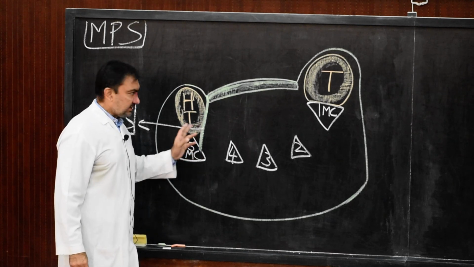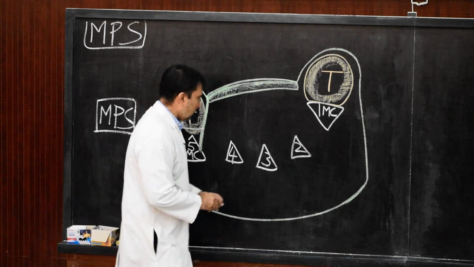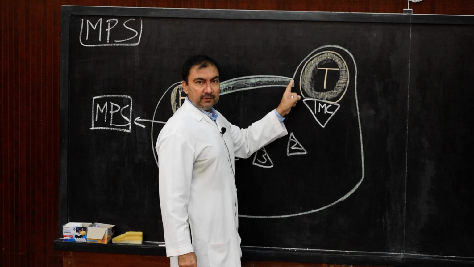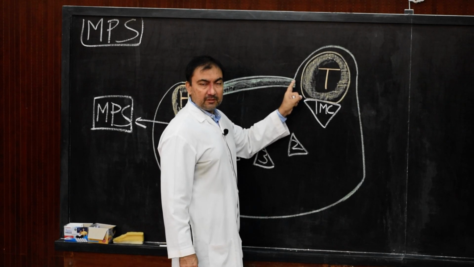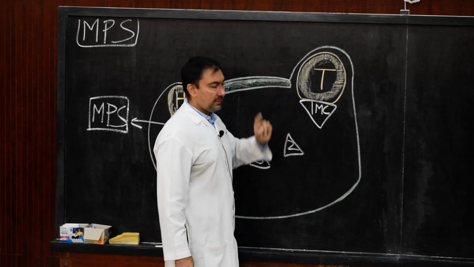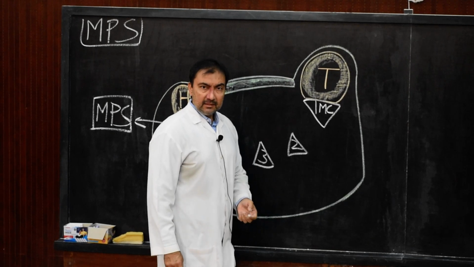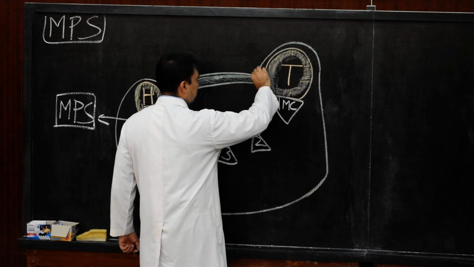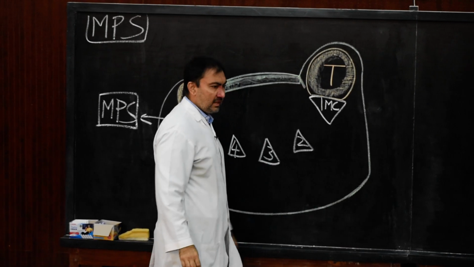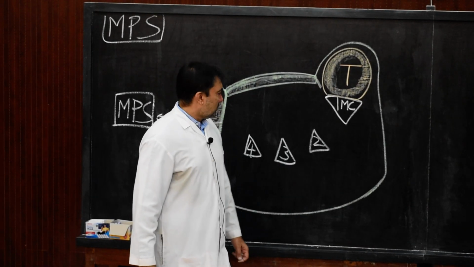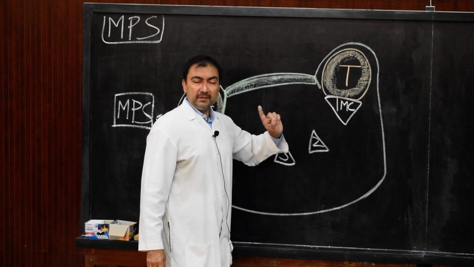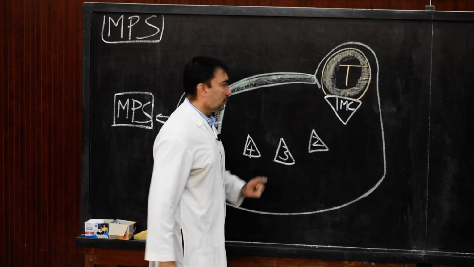Similarly on this side, the fascia covering the thenar group of muscles will fuse with the radial or lateral border of the palmar aponeurosis, and from there a septum will pass down completely towards the first metacarpal bone.